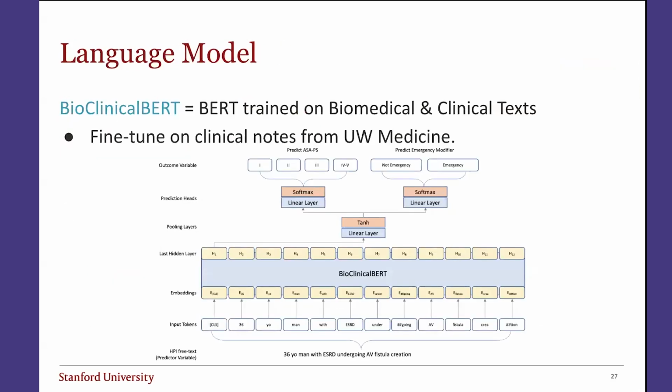So we took the BioClinical BERT model. This is the BERT model that's been trained on biomedical and clinical texts, essentially PubMed and the MIMIC-III ICU database. And then we took this model and fine-tuned it on clinical notes that came from UW Medicine, and we asked it to predict the ASA physical status classification that I mentioned earlier.